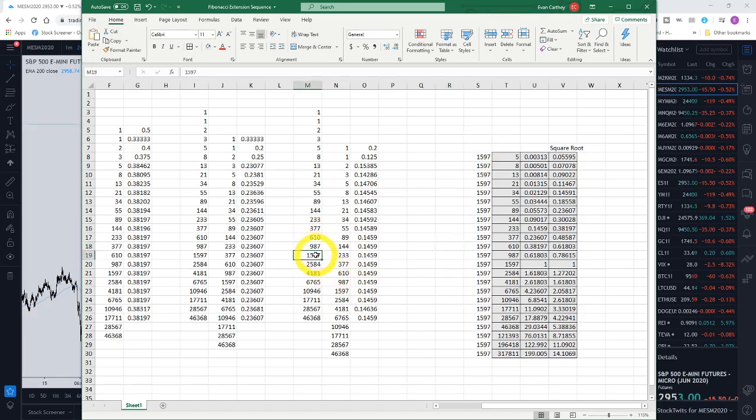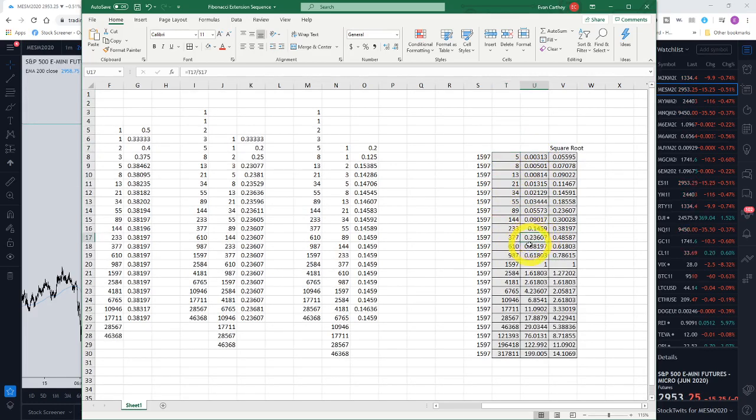I just chose that one, and then I started dividing by the Fibonacci sequence, starting off with 5, because really I could have started with probably 233, because anything less than that isn't going to be enough for a Fibonacci retracement. But as you can see, it just starts going, and here you go.